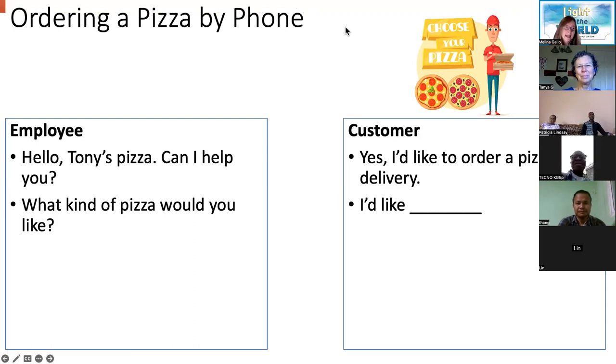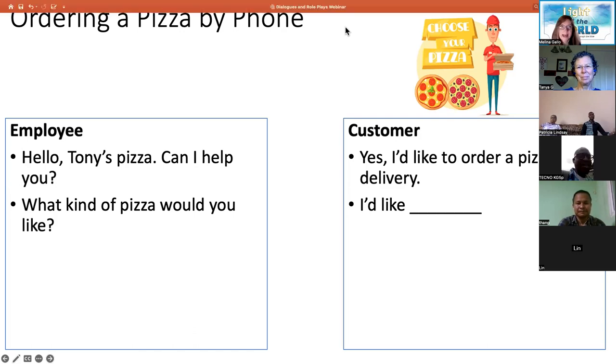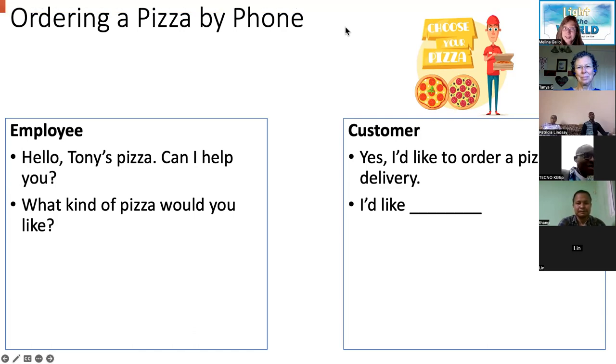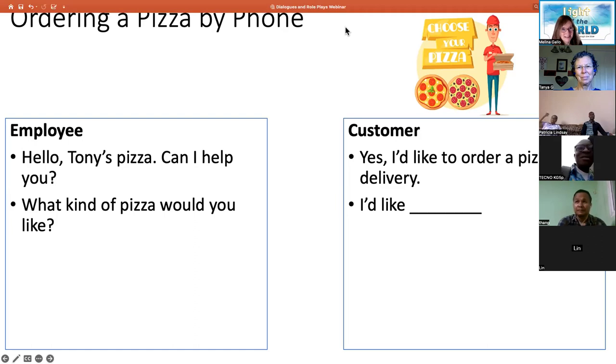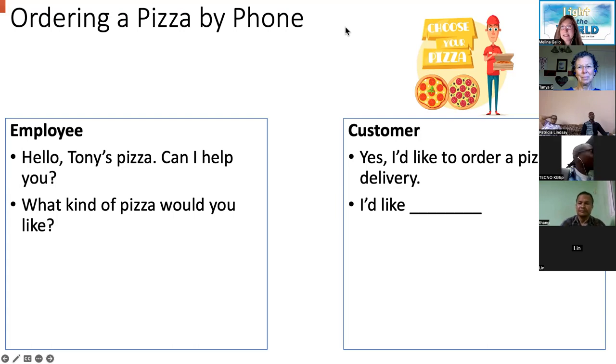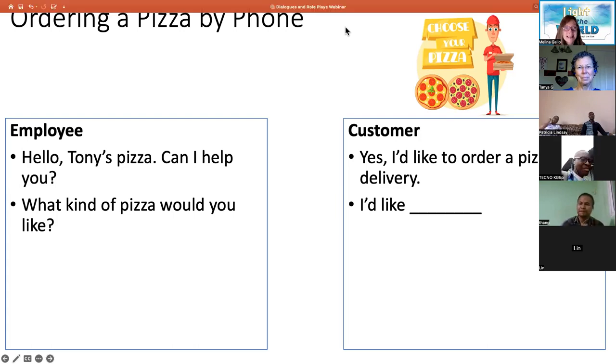Then they would probably ask, you know, how would you like to pay for that? They would ask, what is your address? And you have to tell them the address where you want it delivered. They would probably tell you how long it's going to take. You know, that might be 1 hour.